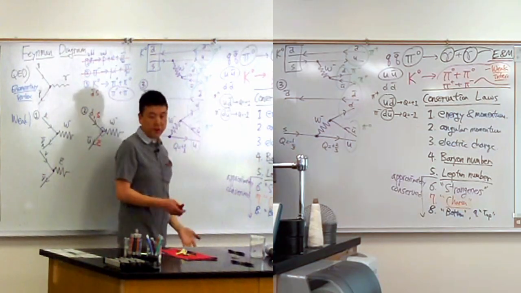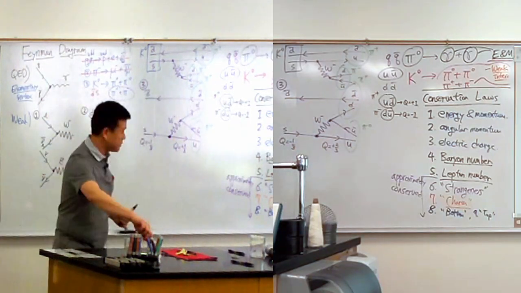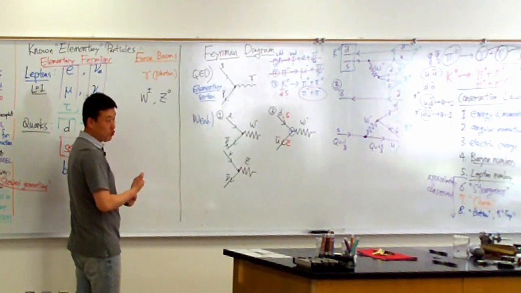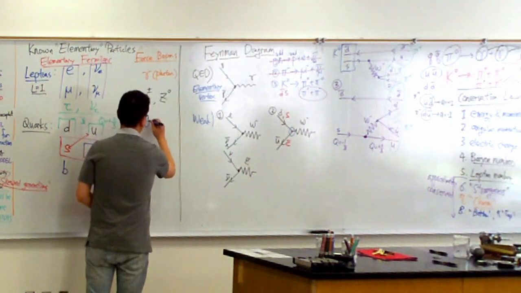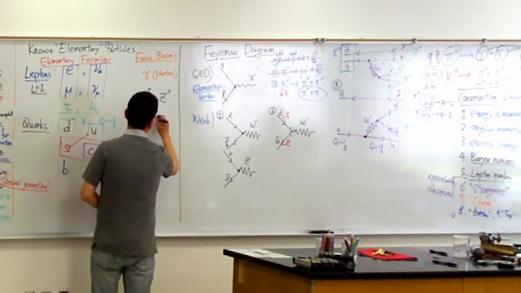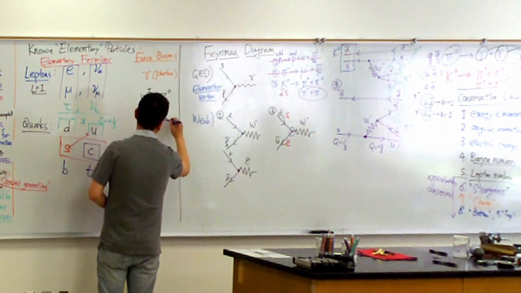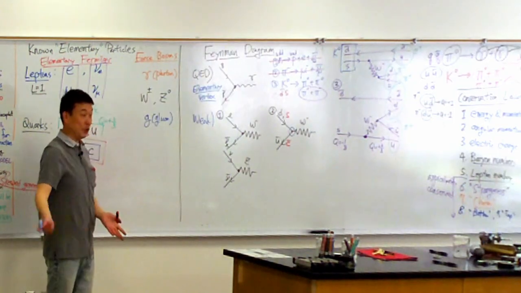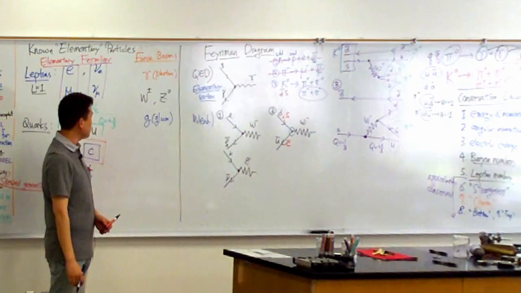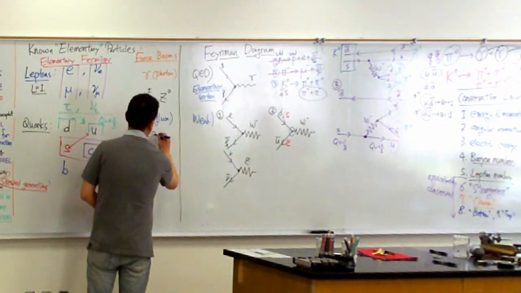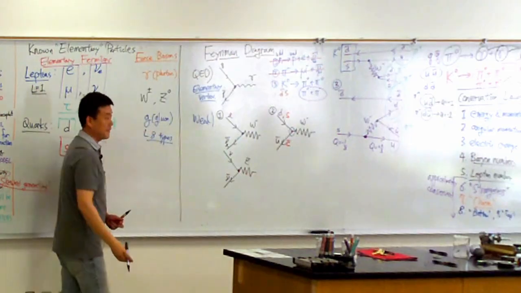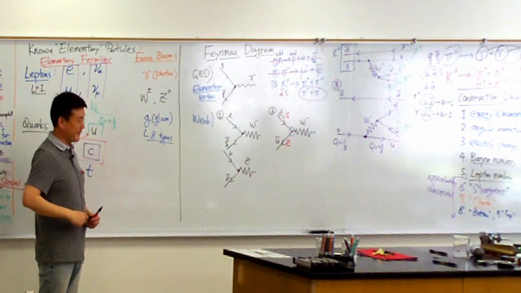The strong interaction, we say now, is mediated by a force boson called the gluon, indicated with the letter G. As you might guess, its name comes from glue because it glues quarks together. I should tell you there's 8 different types of gluons. I'm not going to draw all 8.